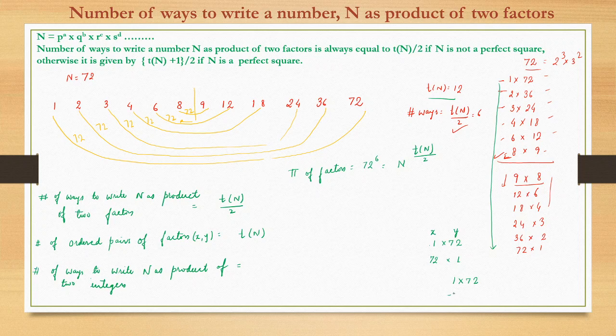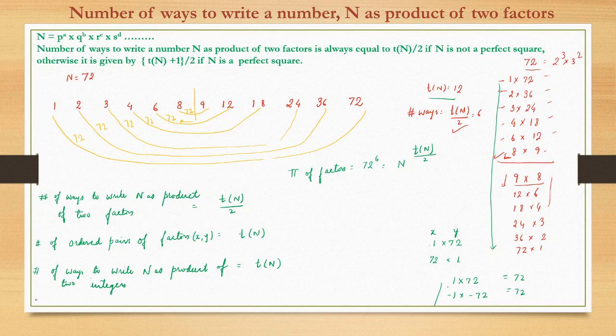Also we can write it as minus 1 into minus 72. Both will give product 72. So if the question is just to find the number of ways to write n as a product of two integers, then there would be how many cases? Earlier it was 6 cases, now there will be 12 cases. So that is equal to tn.